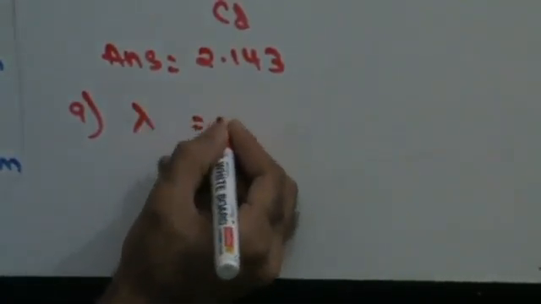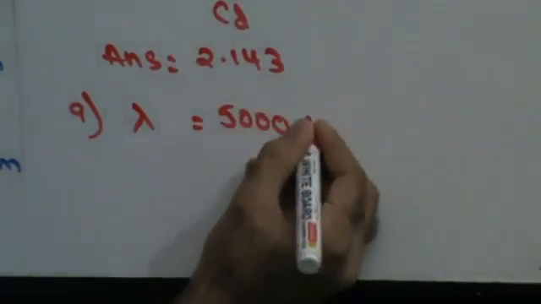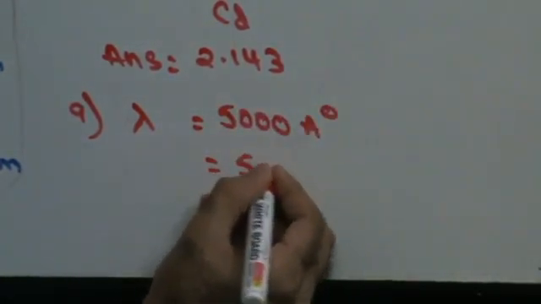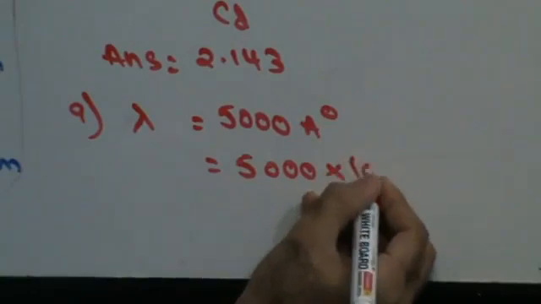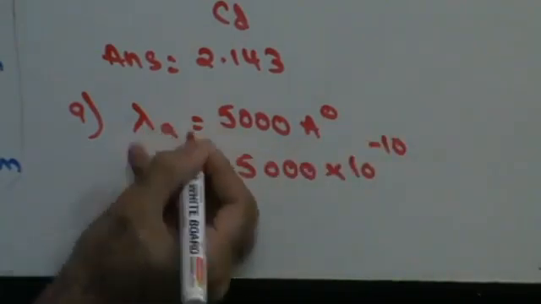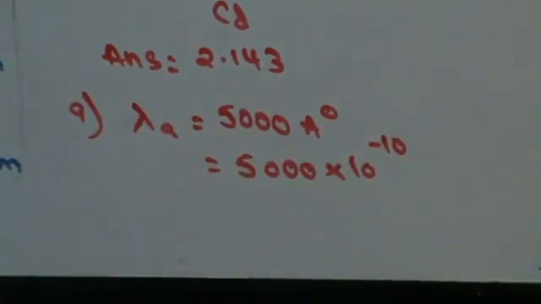The wavelength of monochromatic light is 5000 Armstrong unit in air.